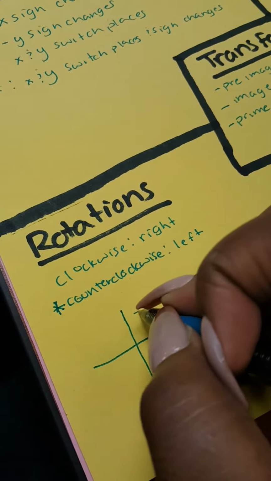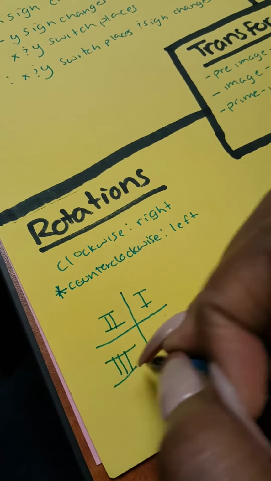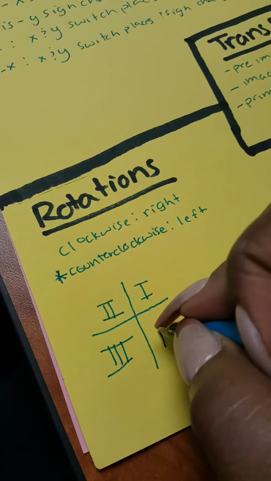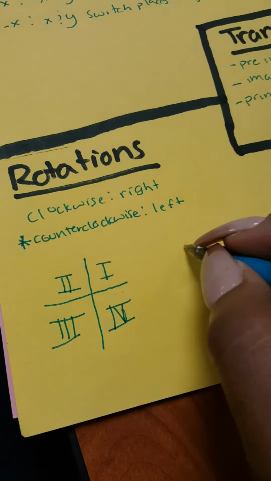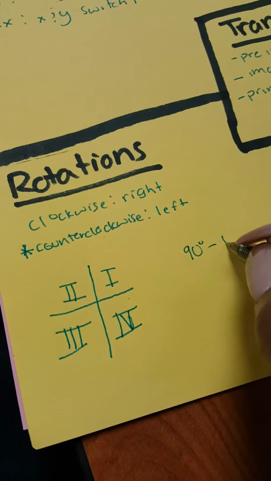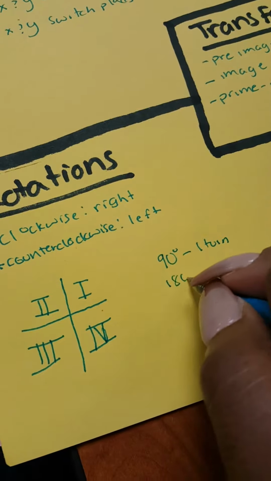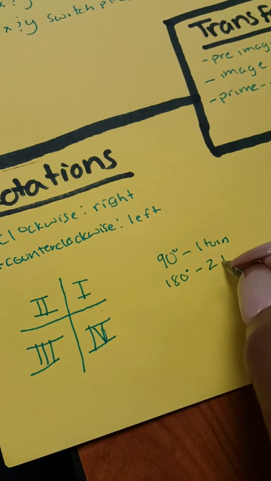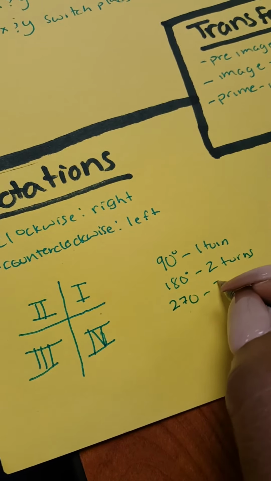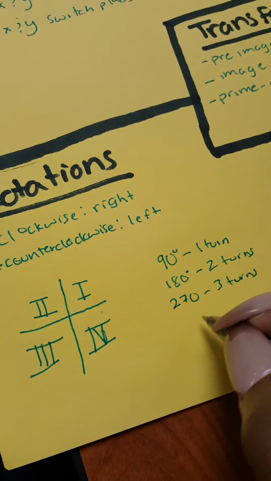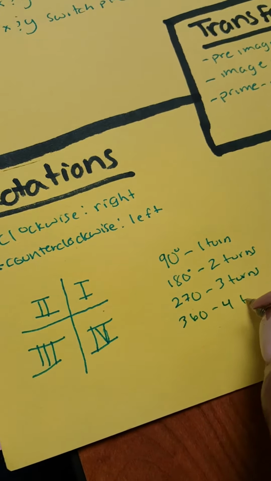On a graph, this is quadrant 1, quadrant 2, quadrant 3, quadrant 4. 90 degrees is one turn. 180 degrees is 2 turns. 270 is 3 turns, and 360 is 4 turns.